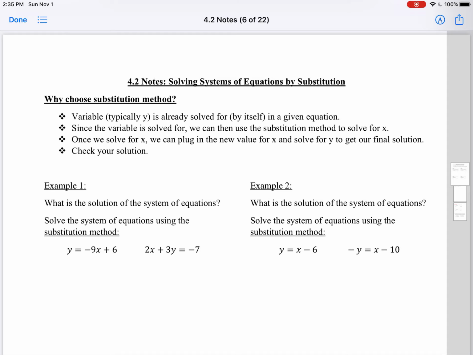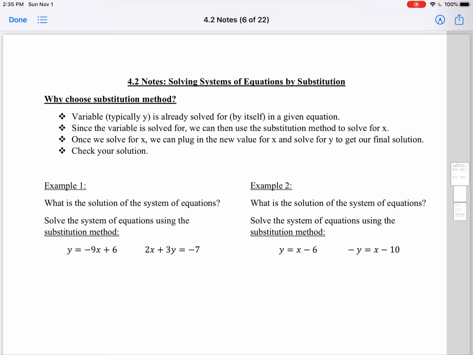Another reason why you might choose the substitution method is that since that variable y is going to be solved for, it's all by itself, you can then use the substitution method to plug it in and solve for x. So think substitution, think just like a normal game of basketball, for example. If I were to substitute in a player for another player, you're replacing the one on the court with the one that just came off of the bench.